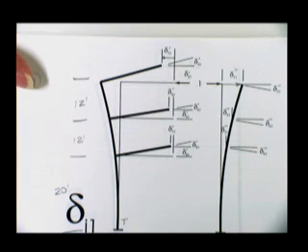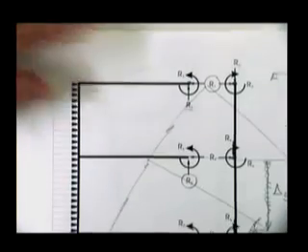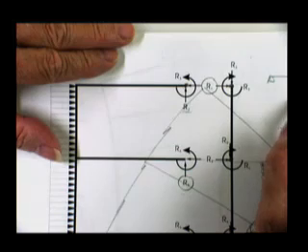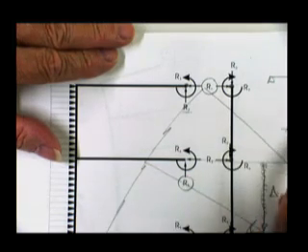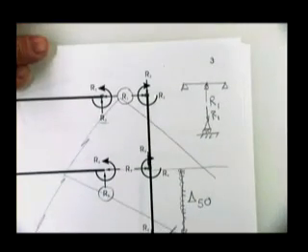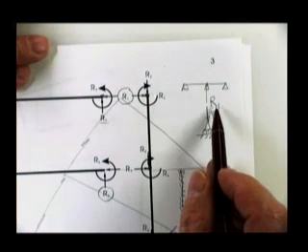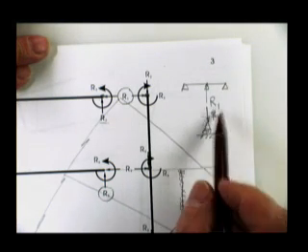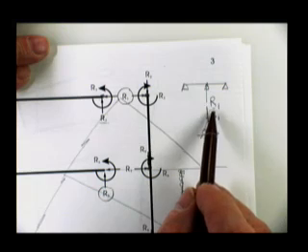It either is or it isn't, and the answer is, it is. It is exactly the same as the unit load you used in calculating how far 1 kip moves this thing up.